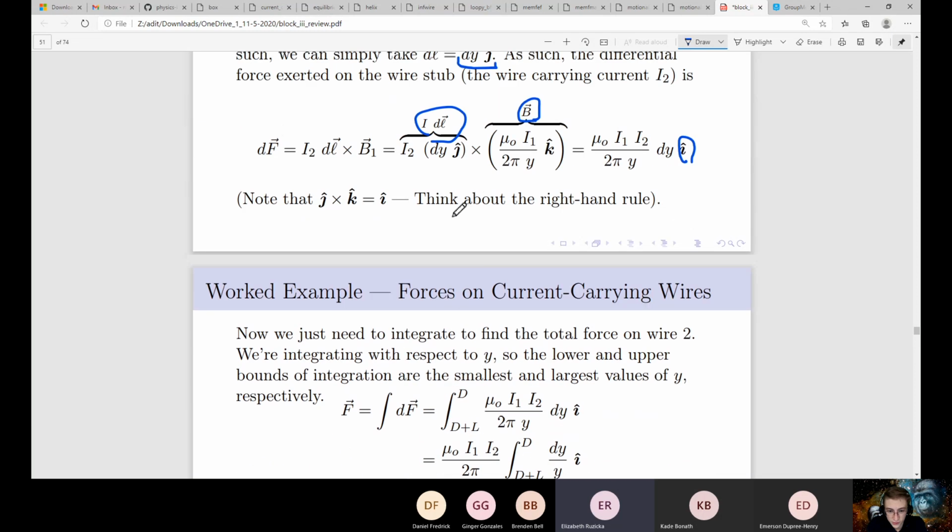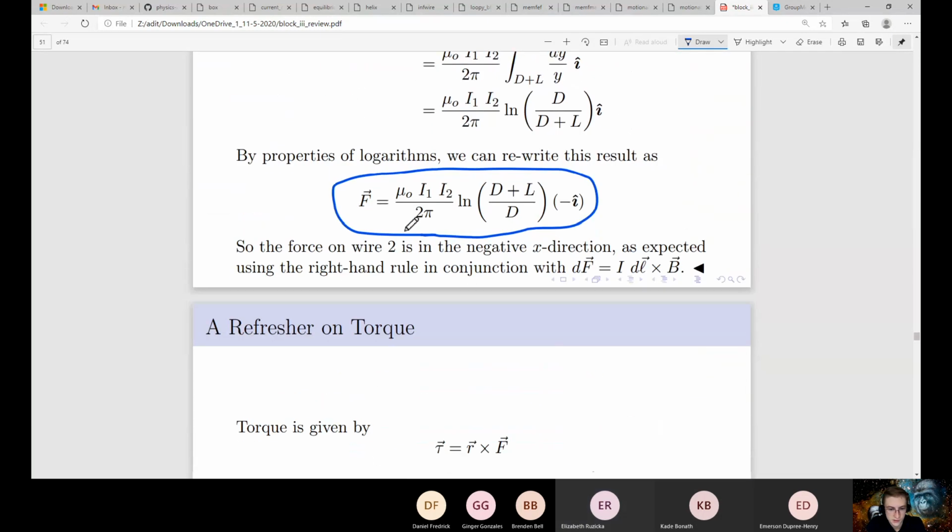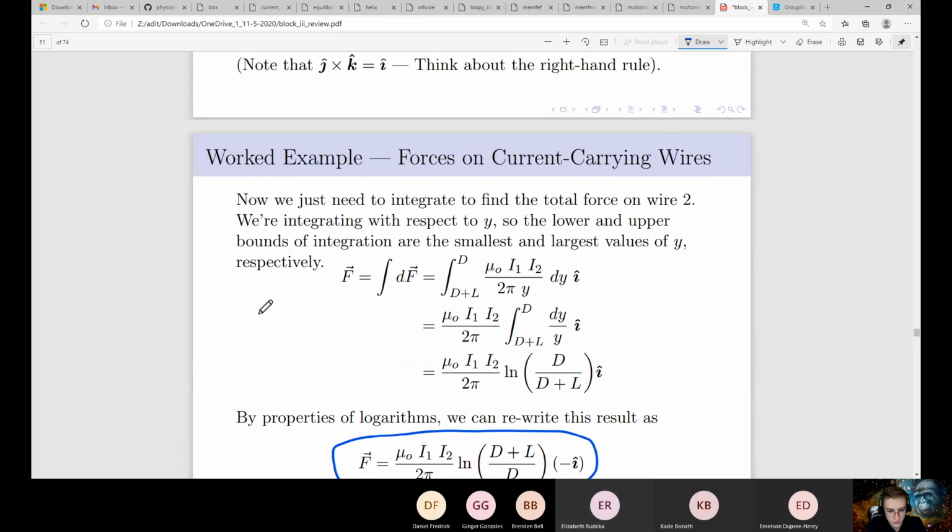But as far as the bounds, I probably goofed a little bit, because if I set my coordinate system such that I had my z-axis pointing out of the page, my y-axis pointing up, and my x pointing to the right, and then my wire stub was here, what I probably should have done was set my lower bound to minus d plus L. Oops, minus d over L, because that was my smallest y coordinate there.